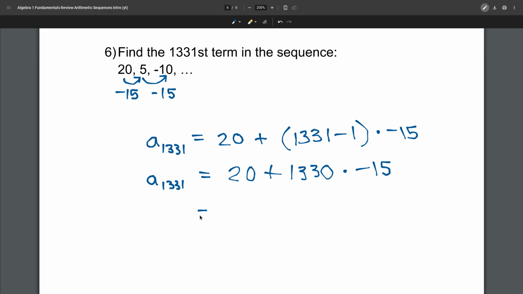All right, so let's work that out on the calculator. So we have 20 plus 1,330 times negative 15, and that's negative 19,930. And that's our 1,331st term.